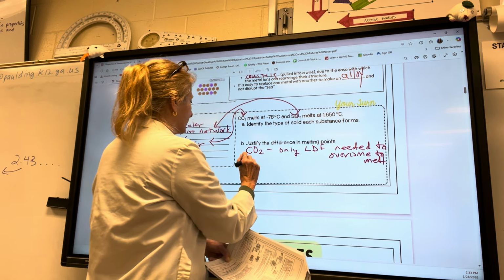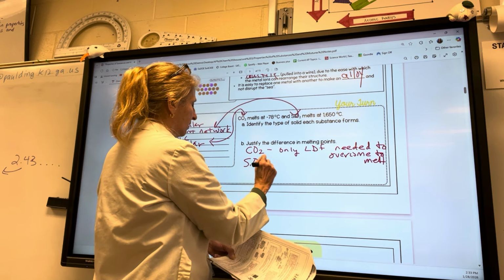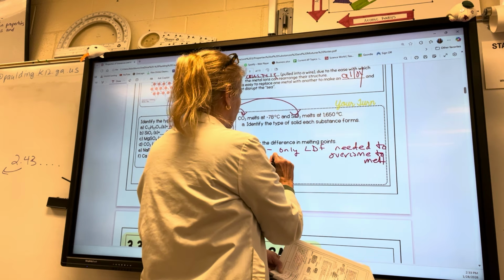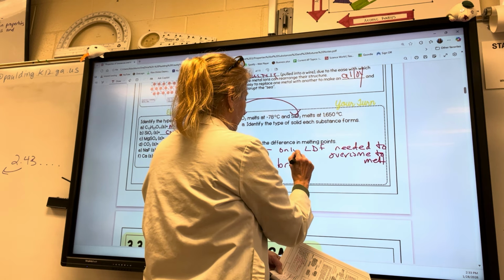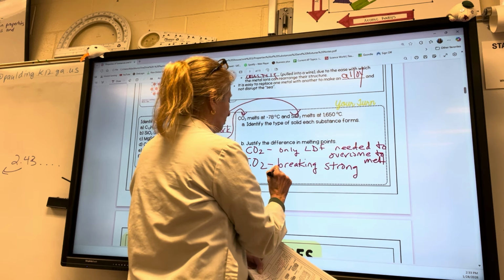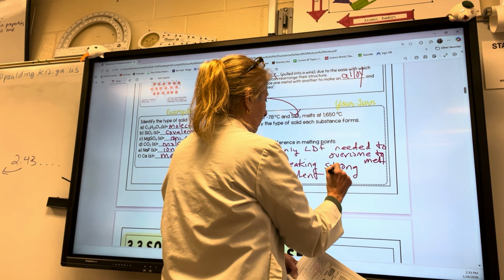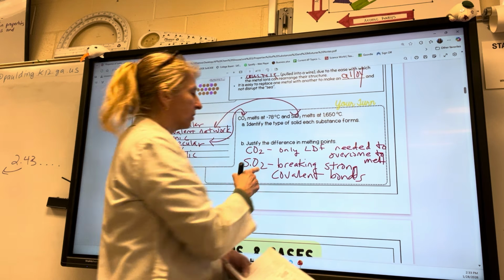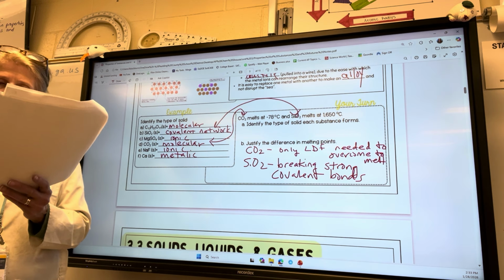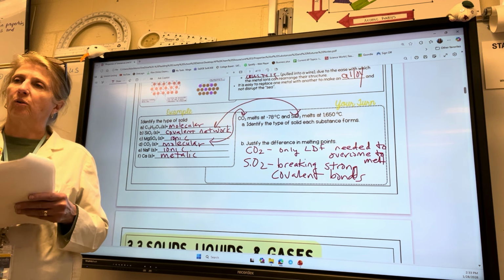Okay, and the silicon dioxide, you are breaking strong covalent bonds. So in the covalent network solids, those are covalent bonds. They're not intermolecular forces. And remember, covalent and ionic are always stronger than IMFs. All right, how we feel so far?